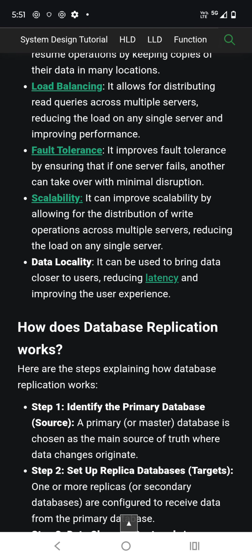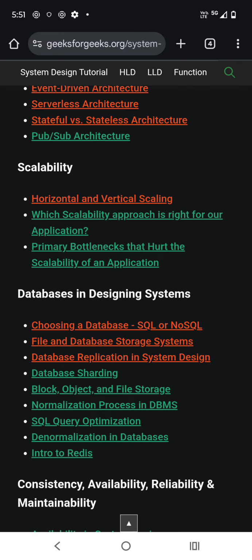So that is about database replication and the normalization process. Normalization is nothing but this: you can store everything in one table, but why do we divide the table into multiple tables? We should normalize.